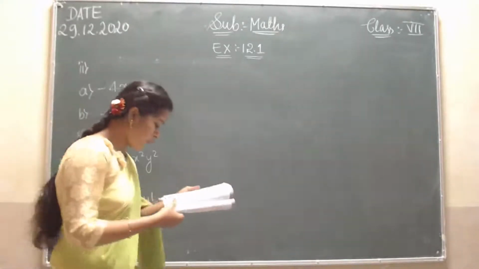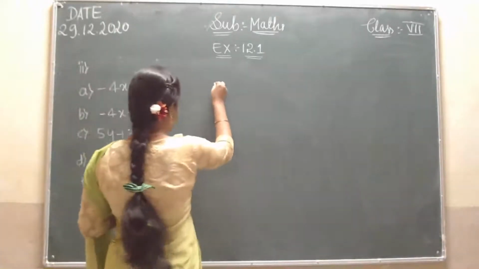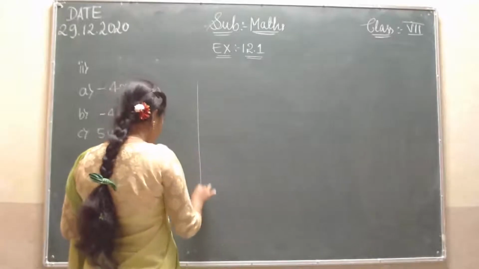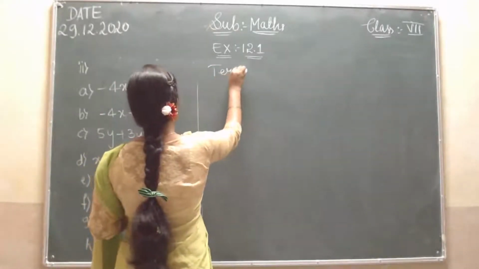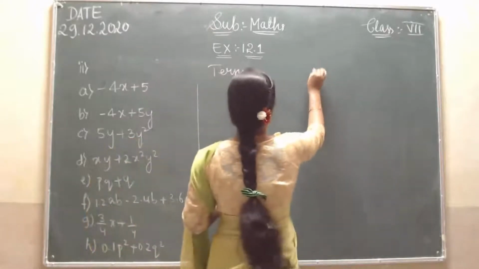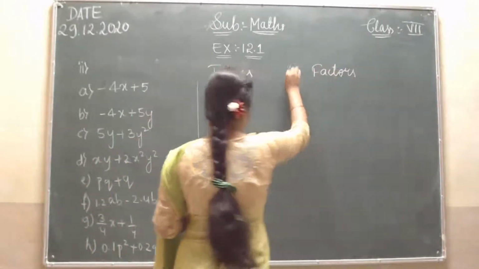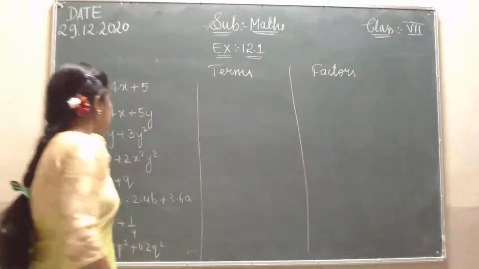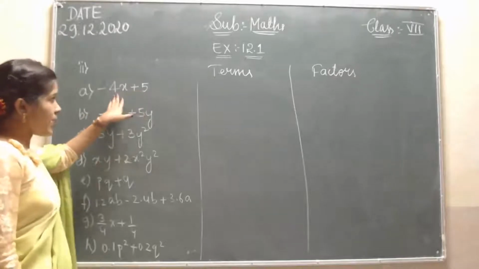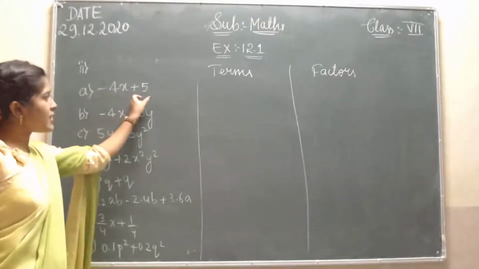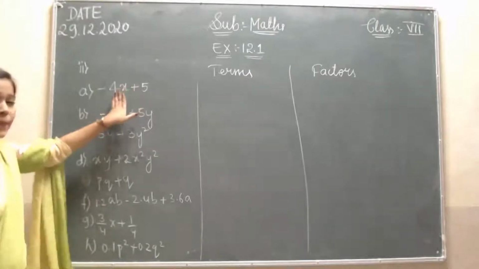See here, what do we have to find here? Terms and factors. So these are the expressions. First separate the terms. Terms means this is one term and this is one term. The arithmetical operations in the middle, we have to separate at.